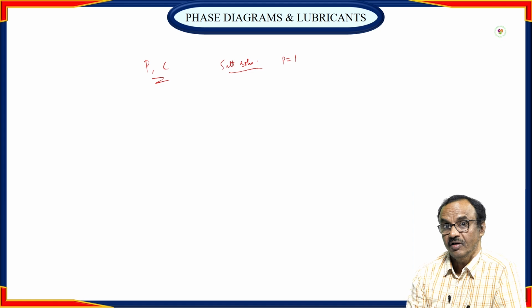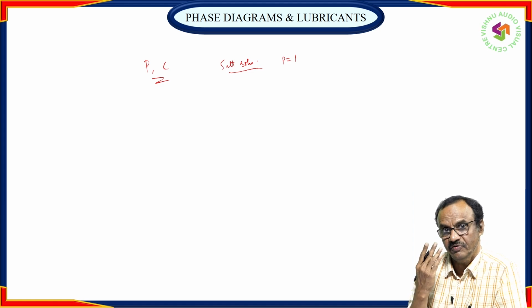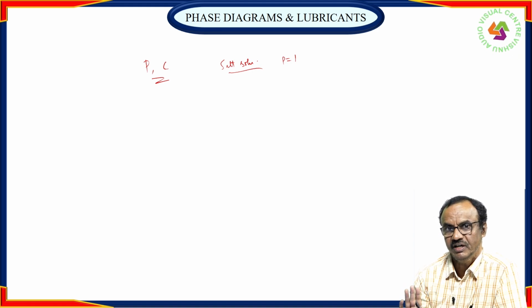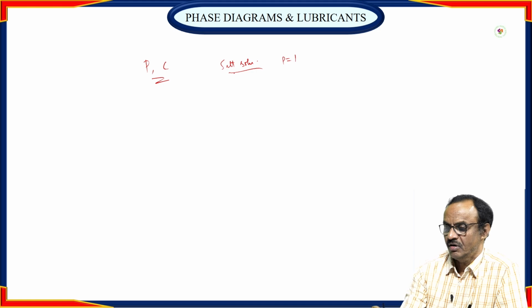In a solution, you can see with the naked eye only one state, the liquid state. It's composed of both NaCl and H2O. Of course, they are in ionic form, that is different. We are discussing the physical state. Phase will be completely confined to physical state, right? Salt solution, number of phases and components.